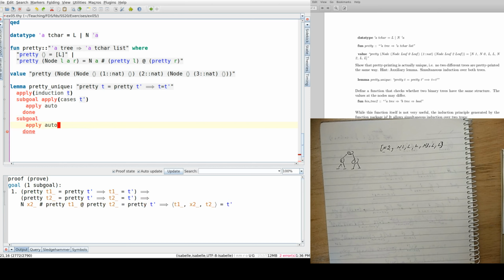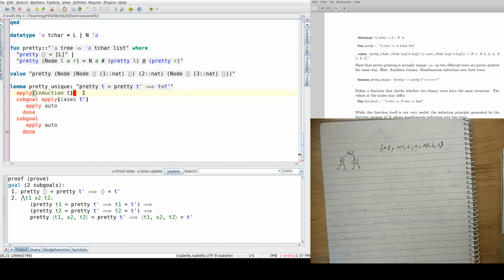Okay, so now we applied auto here, and yeah, so firstly we need to generalize the induction hypothesis, because here we have this appending of many lists equal to pretty T prime, while in the induction hypothesis we only have the one pretty printing of one tree equals pretty printing of T prime.